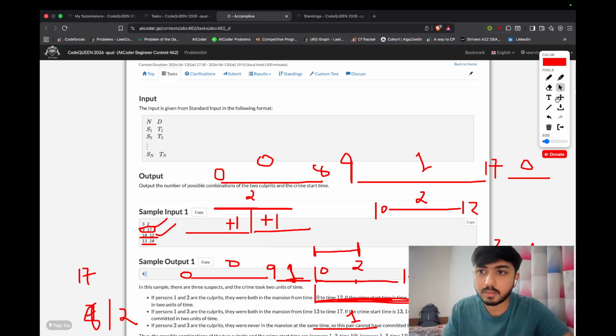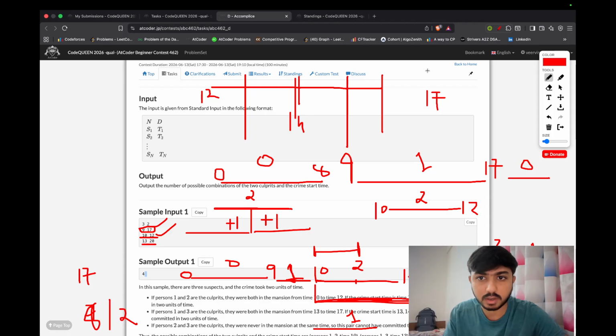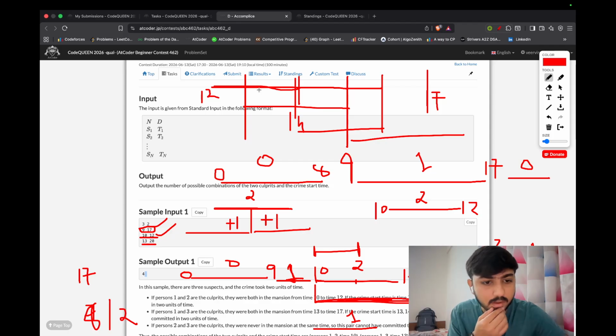So how many do we get from here? Let's say this is 12 and this is 17. From 12, 13, 14, and we have 15, 16. That means 13, 14, 15, 16, 17. So we have this, this, this, and this. One, two, three, four. Yeah, it's four, right?